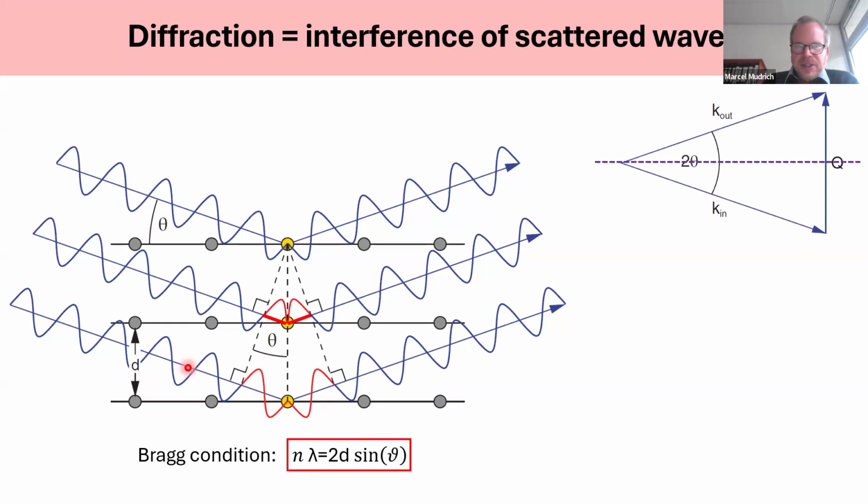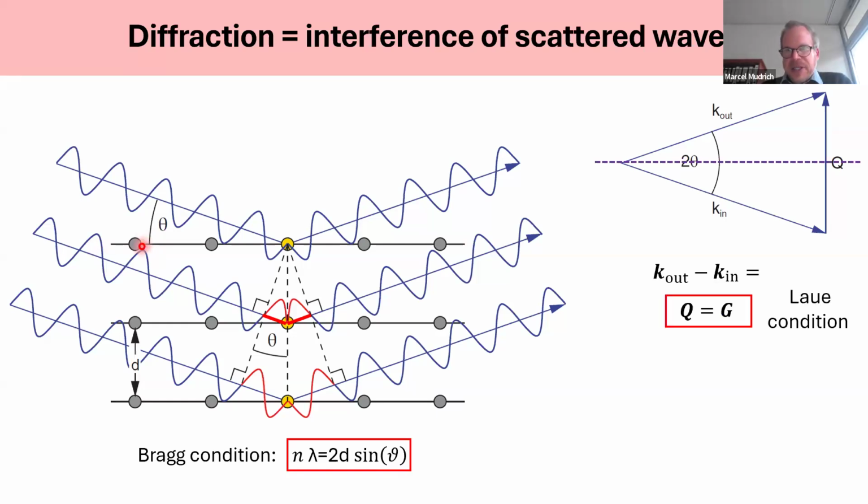Now, if we take into account that crystal lattices are not just infinite planes, but actually consist of individual lattice sites from which the light is diffracted, then this can be formulated in terms of the Laue condition for constructive interference.